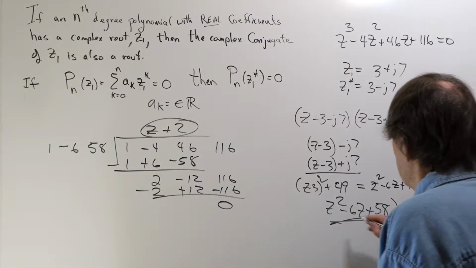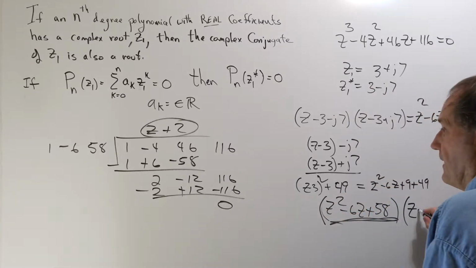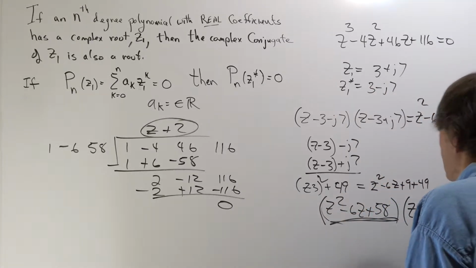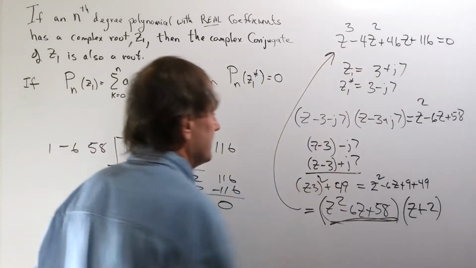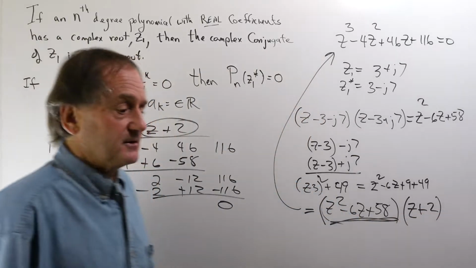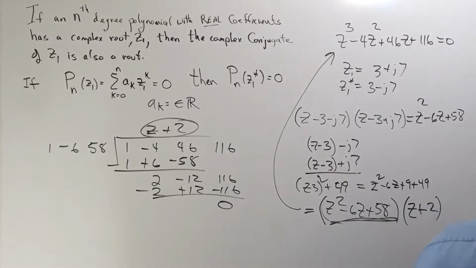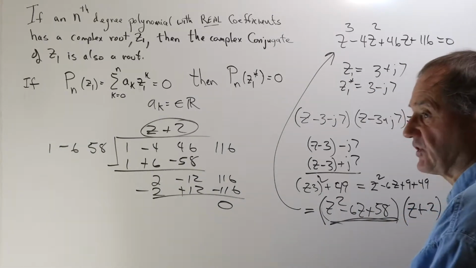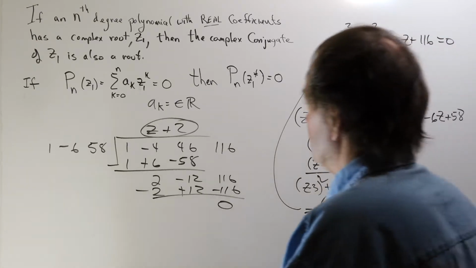So we can write this as z plus 2, and this will equal this equation here if we multiply it out. So the other root is z equals minus 2. So I just did that to show that the complex conjugate also satisfies the equation.